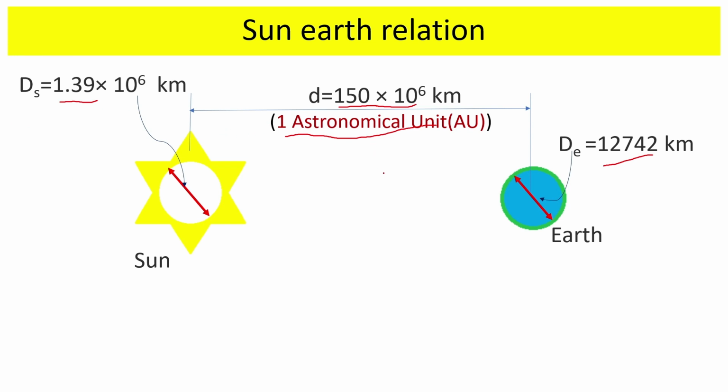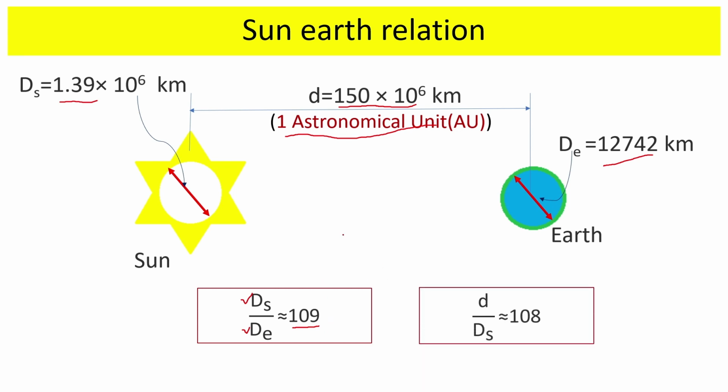So to give all these data a perspective, let's find how they are related. So the ratio of the sun diameter to the earth diameter is 109. It means the sun is 109 times bigger than earth, right?